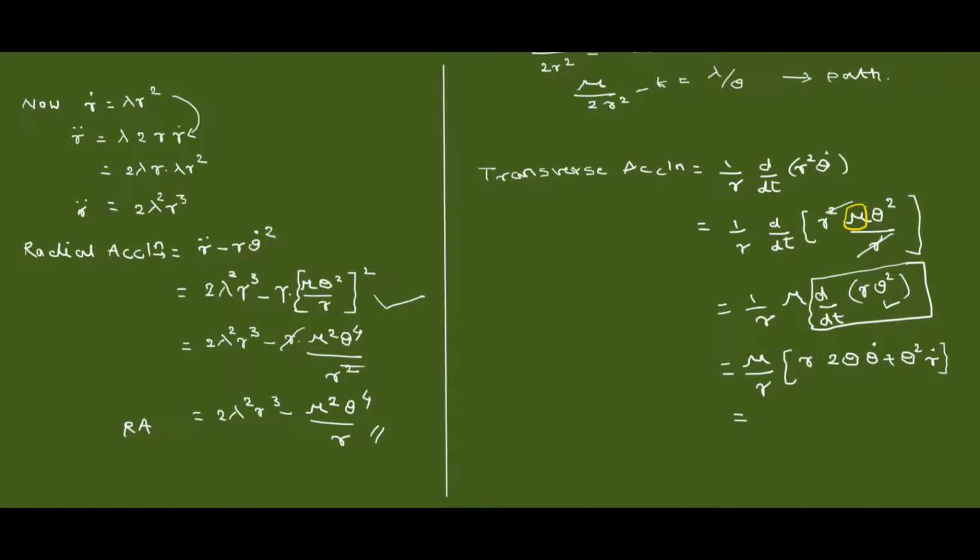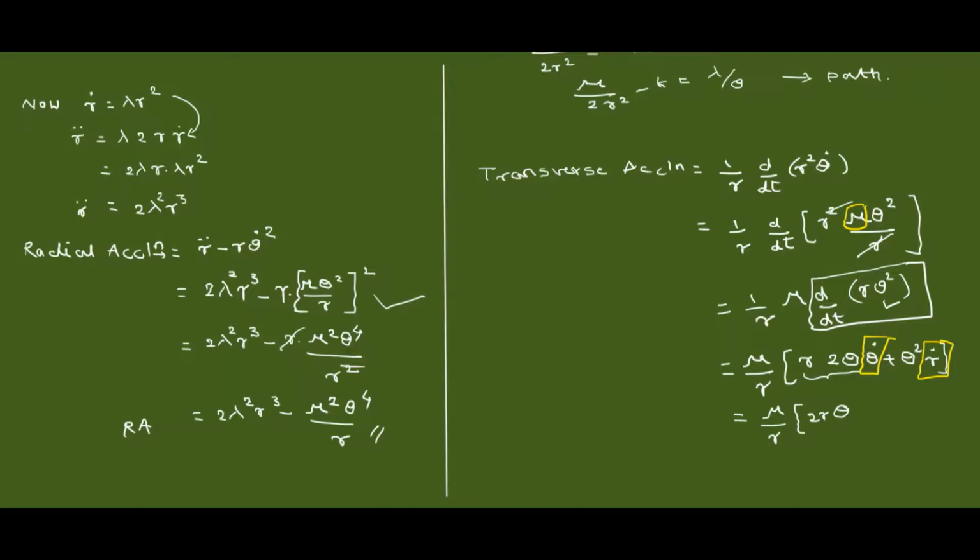So we have to substitute the value for both theta dot as well as r dot from equations 1 and 2. That is mu divided by r into bracket 2r into theta. Substitute the value for theta dot.